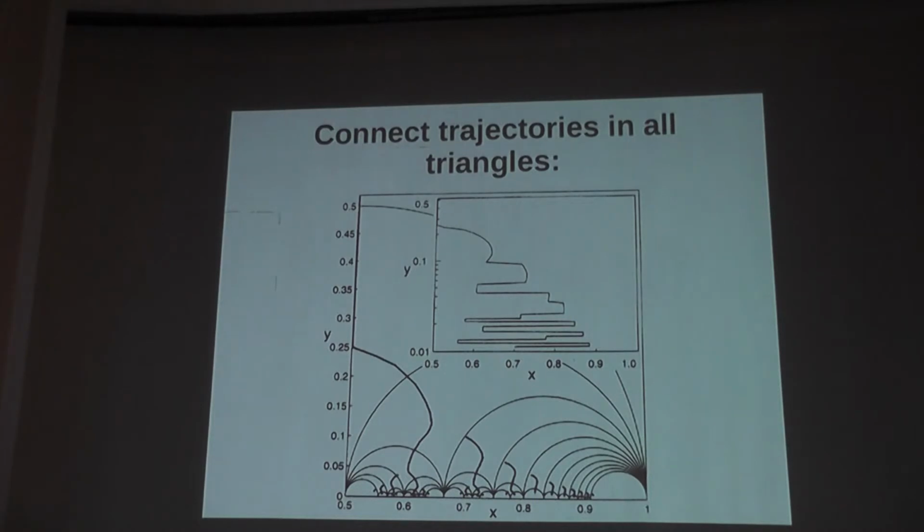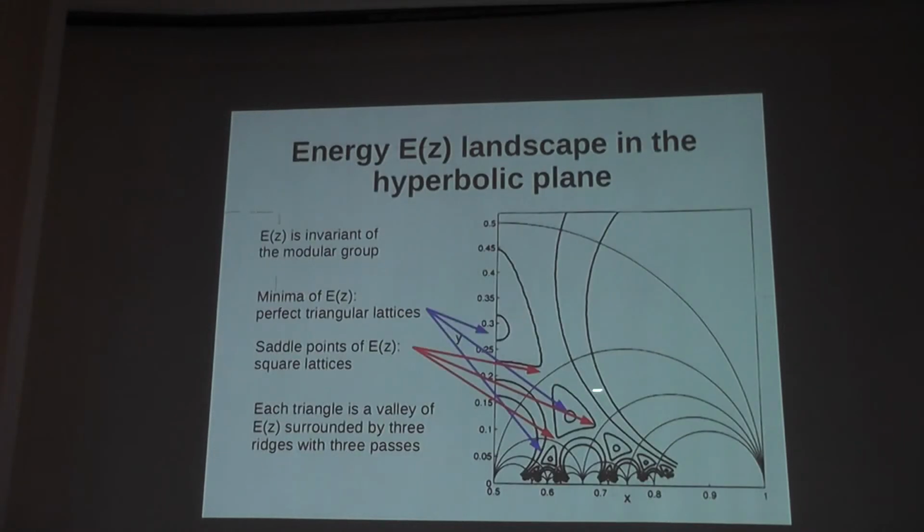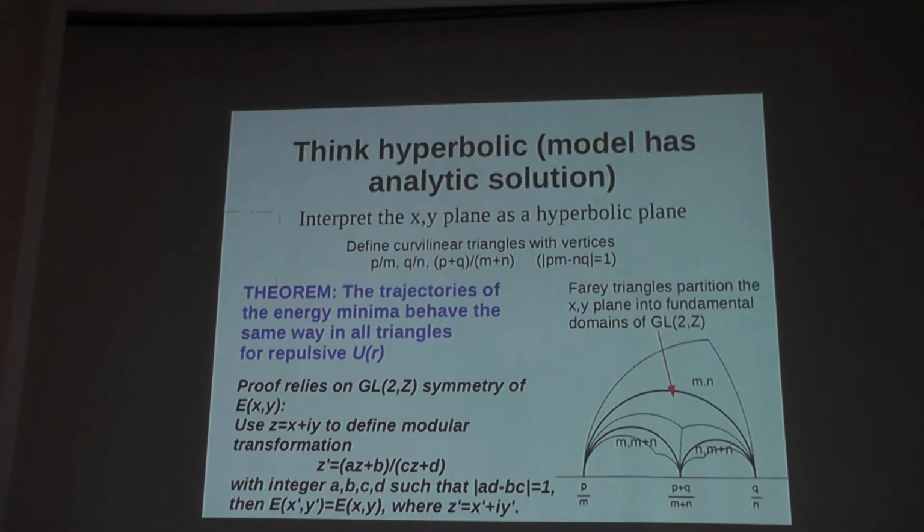Okay, so we have to do a bit of math here. I don't want to do it in front of so many people, but the idea is you just use symmetry, use the fact that this energy has hidden symmetry, which is hyperbolic symmetry in these Möbius transformations in the hyperbolic plane.